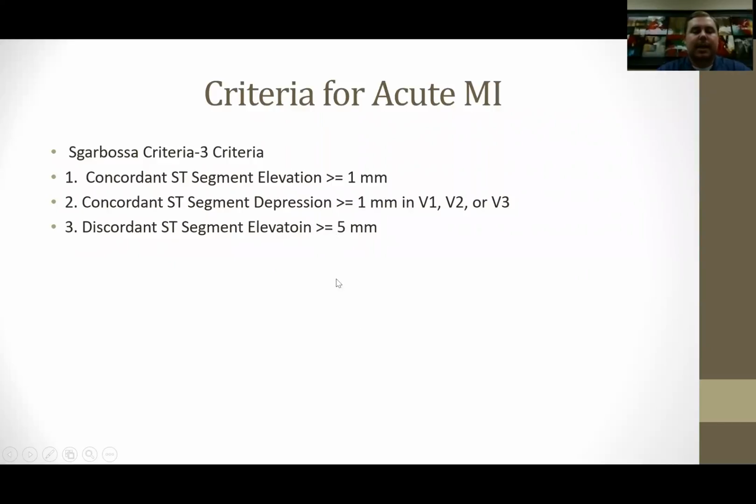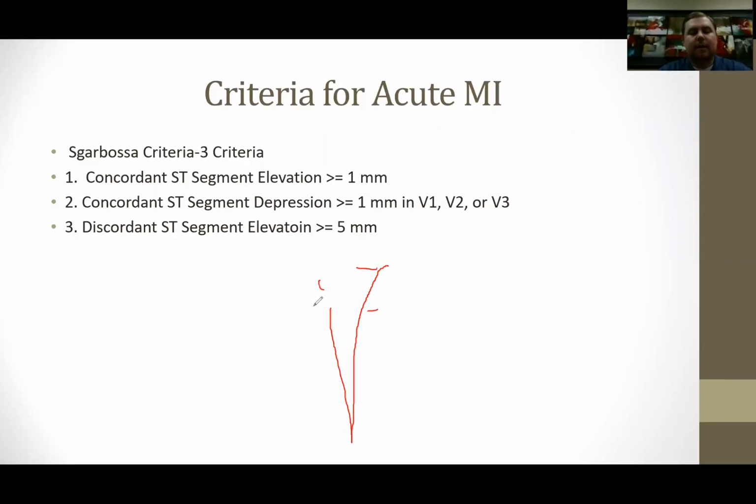So that means I have a wide QRS and then ST elevation that's over 5 millimeters, and then my T wave. So that's what she said was too much ST elevation. So it would be excessively discordant.